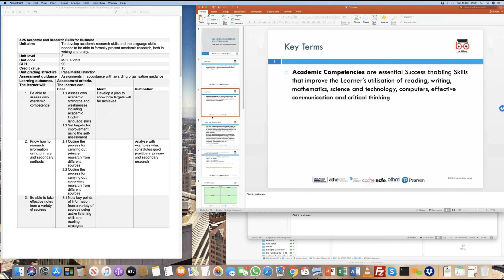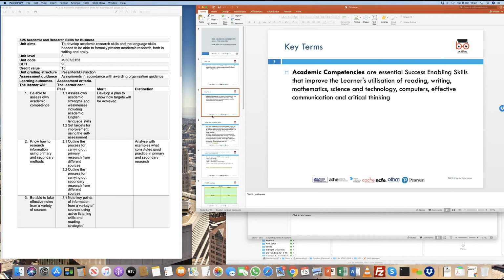So here, in the first couple of slides, I've put together some definitions of key terms, things like what is an academic competency. When we look at academic skills, we say competencies, we say strengths and weaknesses. What do you mean by academic competencies?